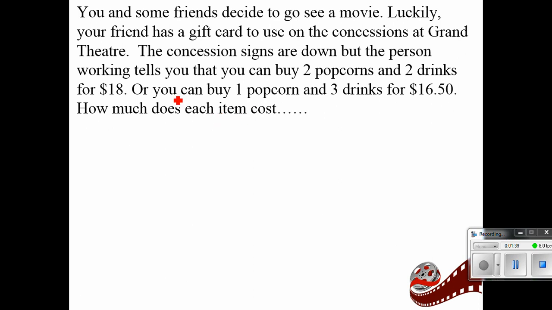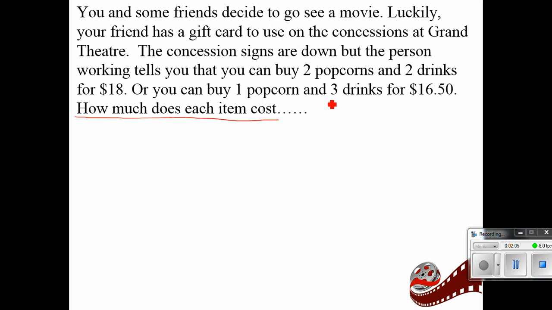So we're curious about the cost of these items. Anytime you go about solving a story problem, one of the first things you need to do is obviously read the story problem, right? And pick out the important information, but identify what it is that you're trying to find. So I always end up looking back at that last statement right after I'm done reading it again. How much does each item cost? So we're not trying to find how many of each we're going to buy or anything like that, but the cost.